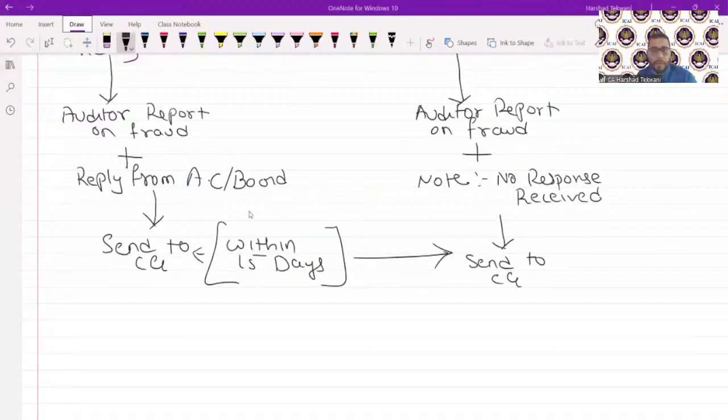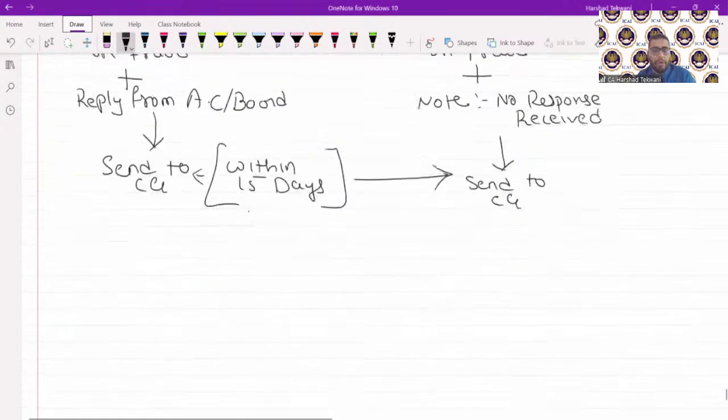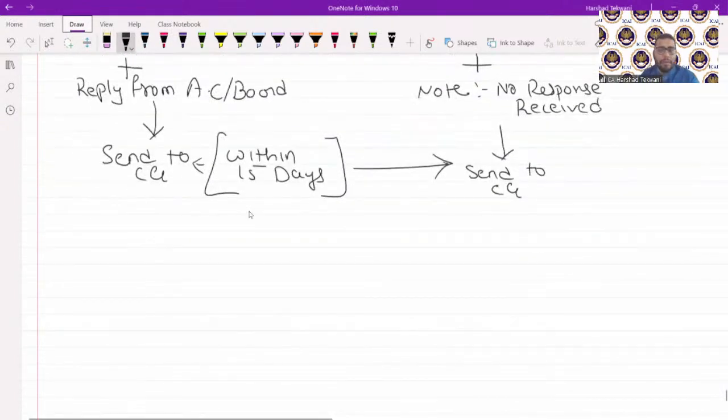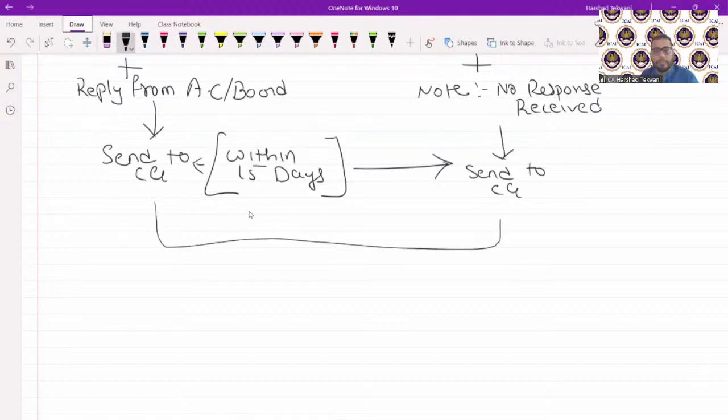Clear? The report shall be on the letterhead of the auditor, plus the auditor is required to file form ADT4, a statement in ADT4. So in both of the cases, you need to file ADT4.